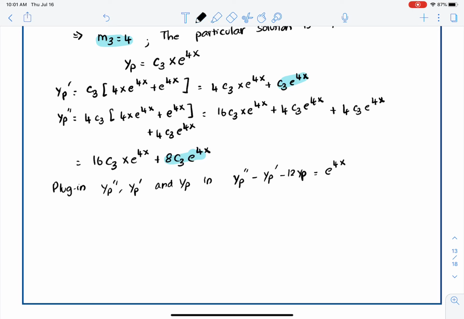So I would have positive 8c3 e raised 4x minus c3 e raised 4x. That would equal e raised 4x. This would mean 7c3 is equal to 1. So c3 is equal to 1 over 7.